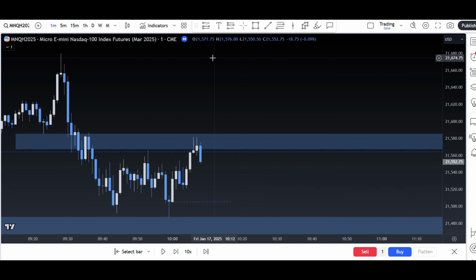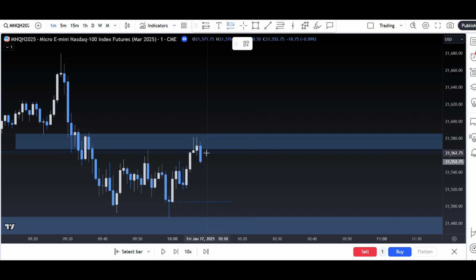And this is called a change in the state of delivery, which is also an order block that forms. As soon as price closes below the last up close candle here, it doesn't have to close below. It just depends on your personality. But yeah, as soon as it closed below, you can either just enter so you don't miss it, or you can wait for it to come back into these up close candles here.